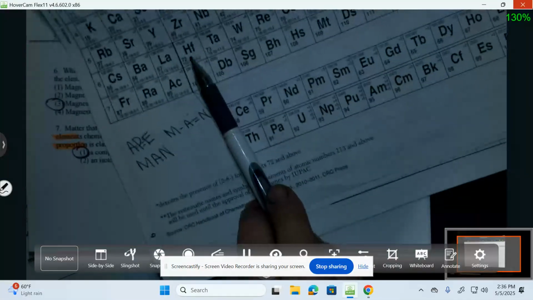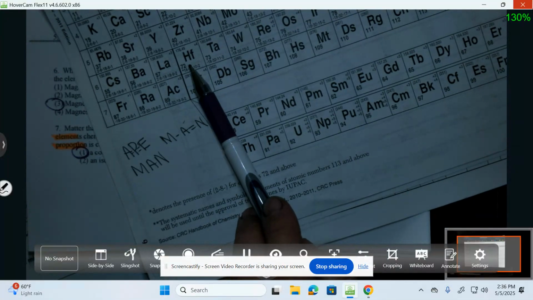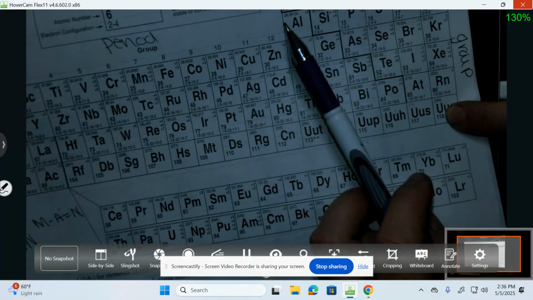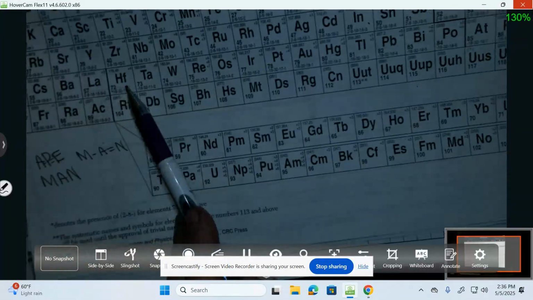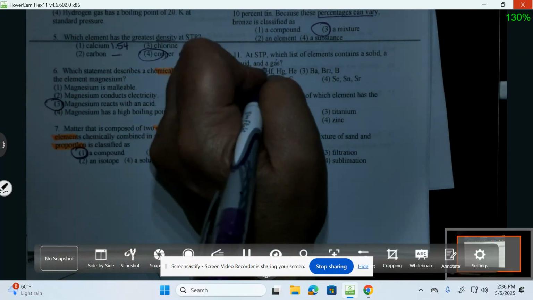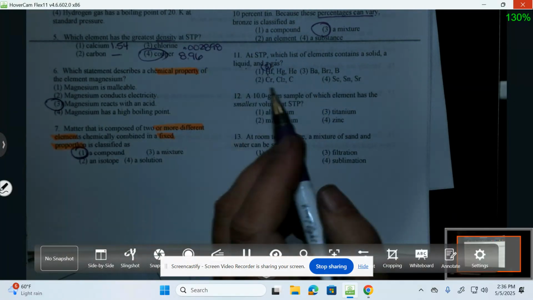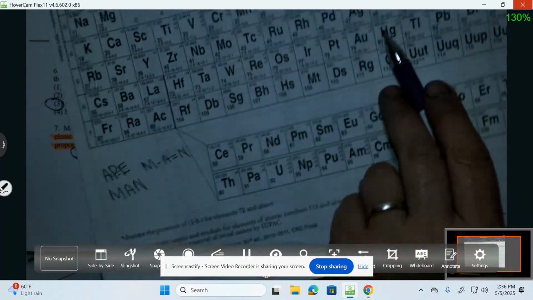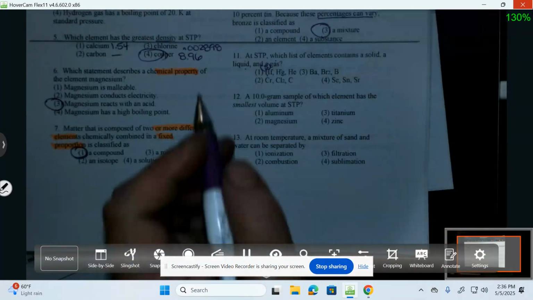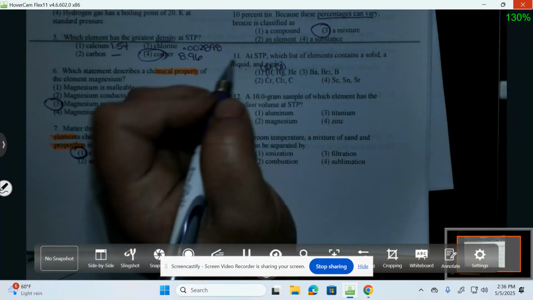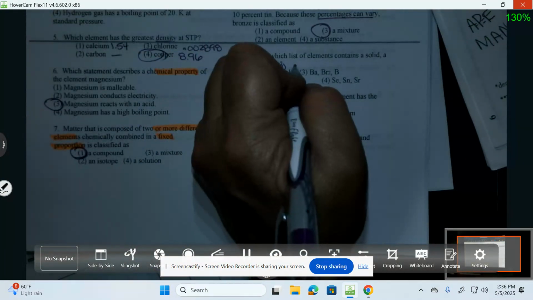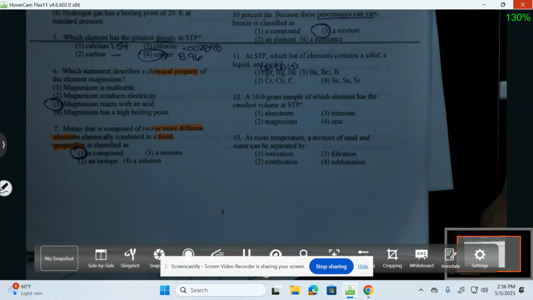Here it is. Okay, that's a solid. It's not N, O, F, Cl or any of these. These are your gases and hydrogen. So I'm going to put a little S above it. Mercury we know is a liquid, so I'll put a little L above it. And helium is a gas. Oh, look at us. We got lucky. It's the first one we did.